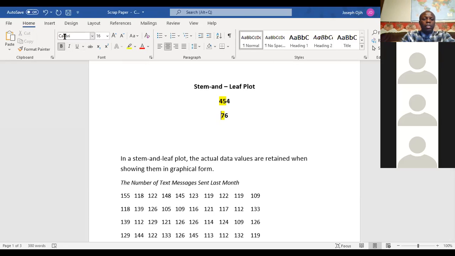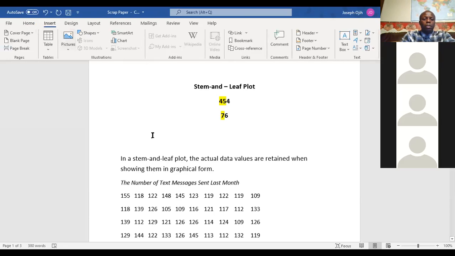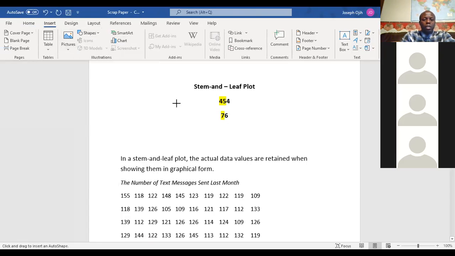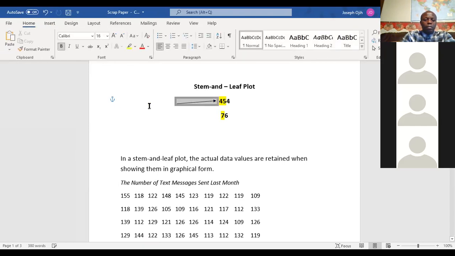The ones that are highlighted in yellow are the stem.